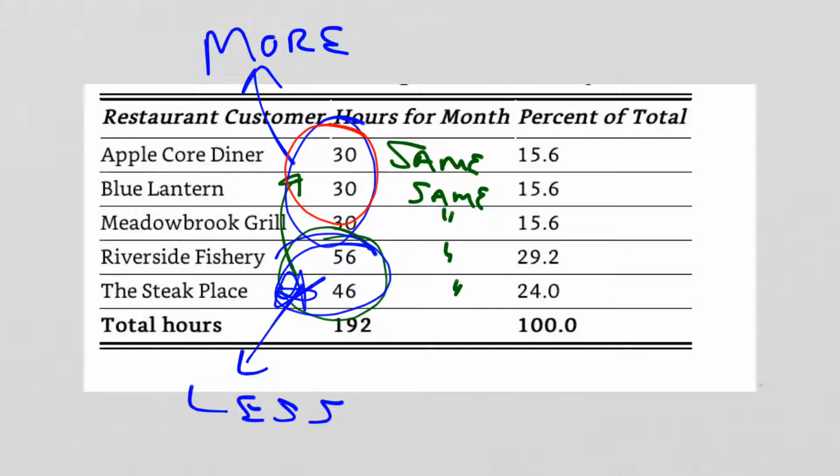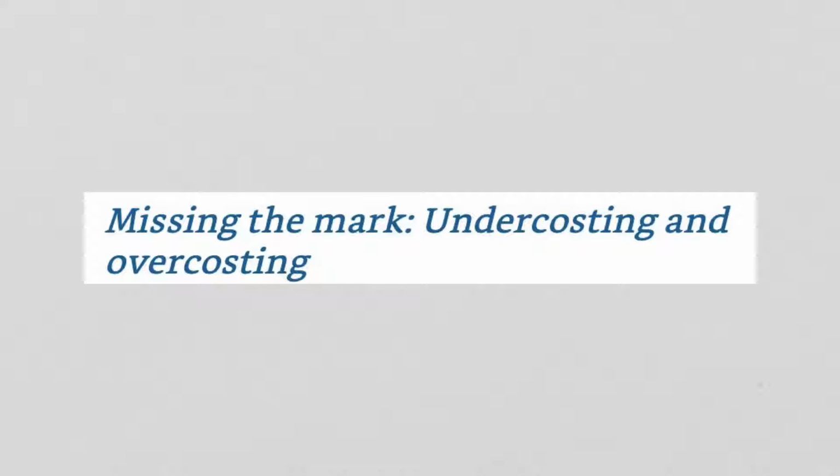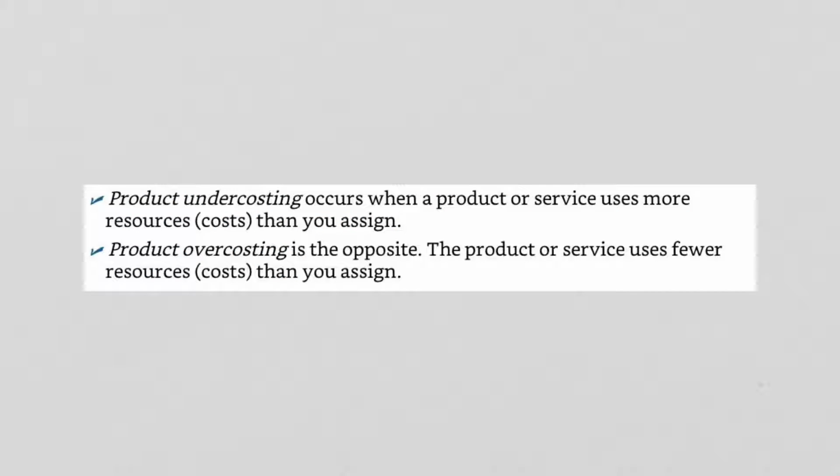So if we had only used the orders, which was the same amount for each client, we would have wound up allocating more of the salary to clients who aren't using up as much compared to clients that are using up as much. And that's what's called undercosting and overcosting with this indirect.